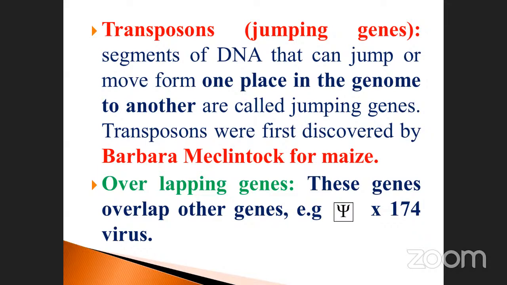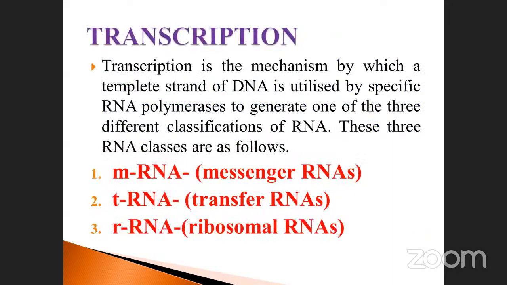What is the meaning of overlapping? One above the other. These genes overlap other genes, for example in the phi X 174 virus. In these viruses we can see overlapping genes. Overlap means one over another. These are the other types.